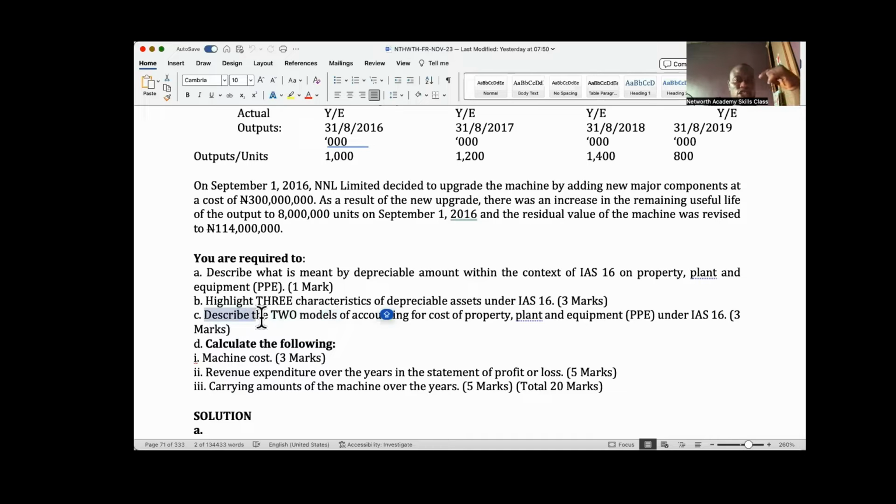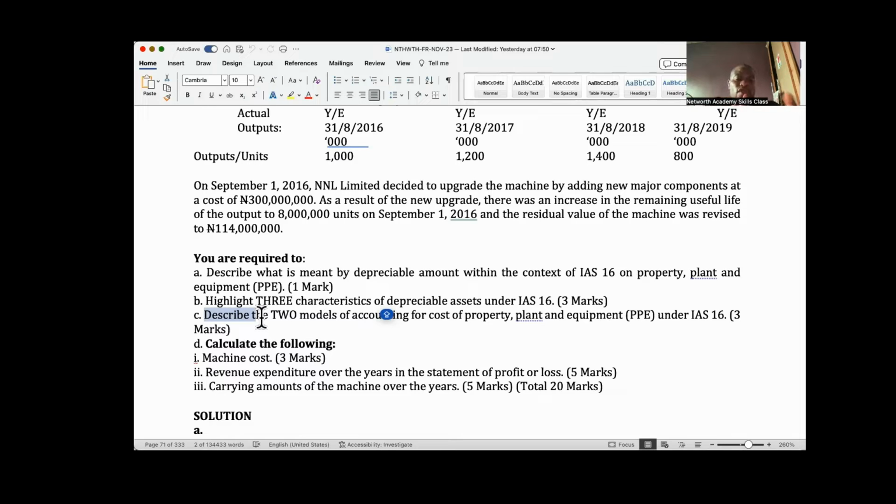But revaluation model is revalued amount or fair value minus subsequent accumulated depreciation. That subsequent is very important. When I was explaining revaluation, I mentioned that whenever we revalue an asset, all the accumulated depreciation to the date of revaluation must be written off.